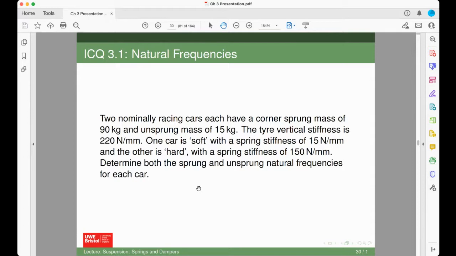Okay, so we can have a go at this question. If I change what I'm sharing, let's have a quick look.